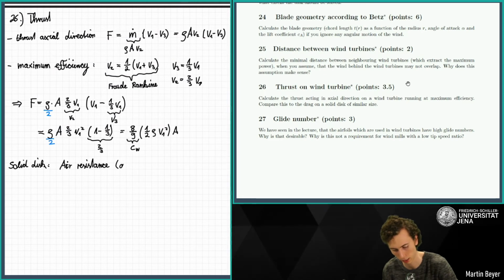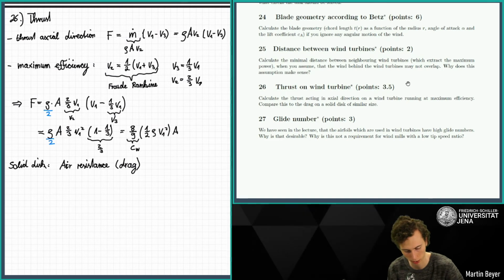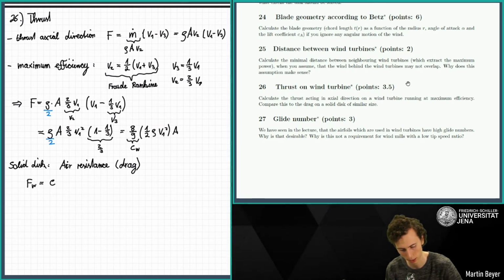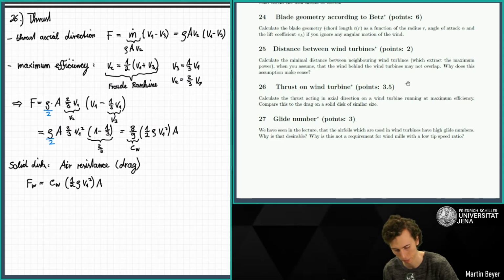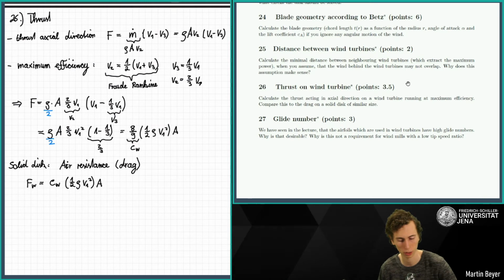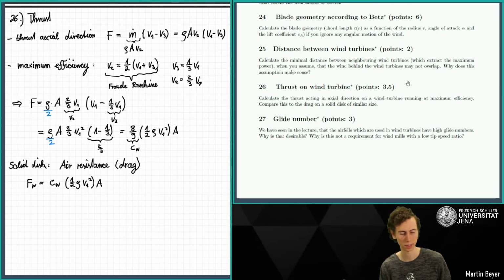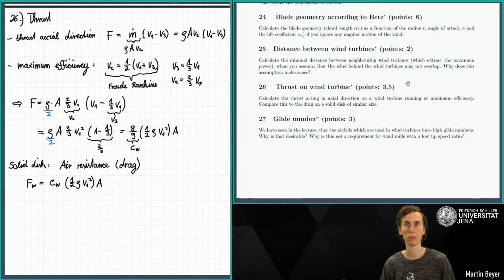So this basically is just drag. And for this, we had a formula in the lecture that the force acting here is just the CD value times 1/2 rho V1 squared times A. And we can see that those formulas look pretty similar. And therefore it's reasonable to interpret this prefactor as the drag coefficient.